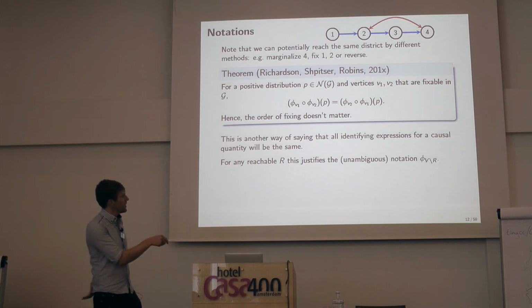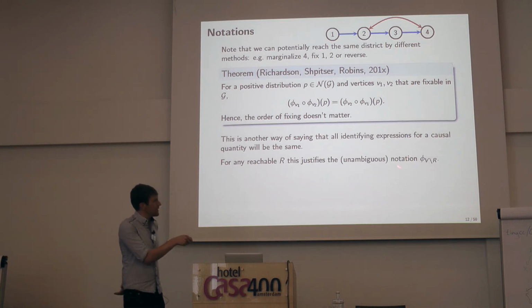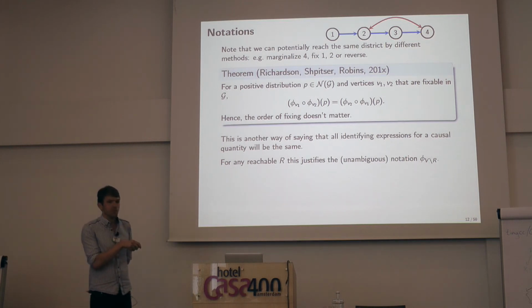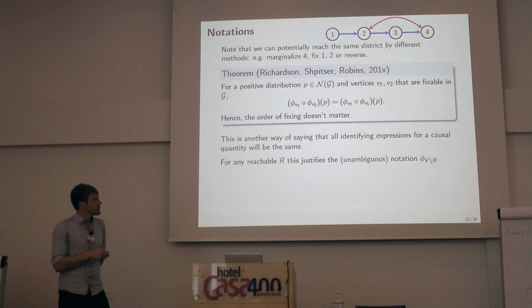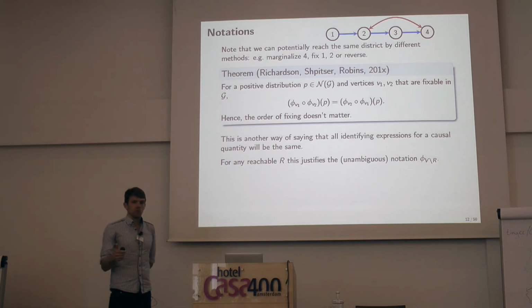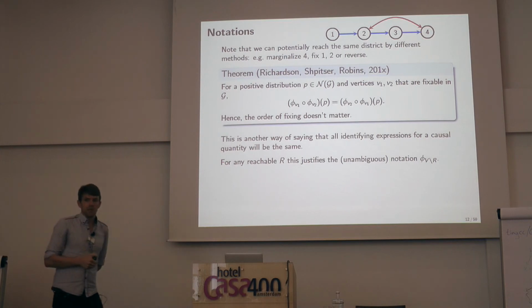So this justifies us collapsing our phi notation and just putting a set as a subscript instead of a single vertex. So this means we fix every vertex that's not in R as long as the set R is a reachable set. Remember that means that we can get to it by a valid fixing sequence.